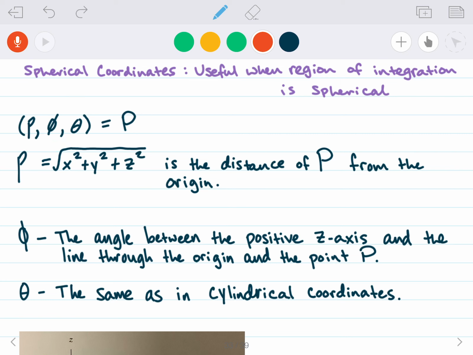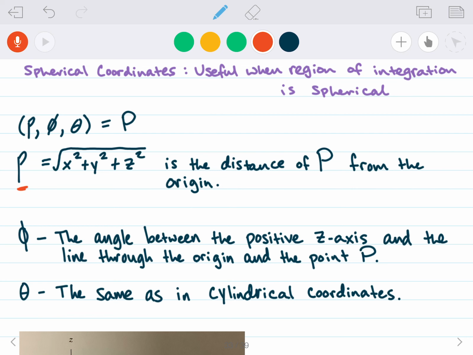The first thing is rho. This is the Greek letter rho. It kind of looks like a lowercase p. We can describe a point with rho, this angle phi, and an angle theta. Theta is going to be the same as it was in polar coordinates. So what is rho? Rho is just going to be the distance from a point in space to the origin, just the classic distance formula that we talked about in the very beginning of the course.